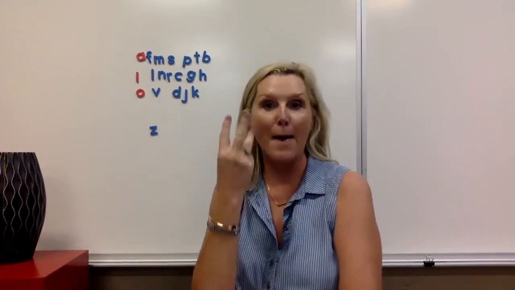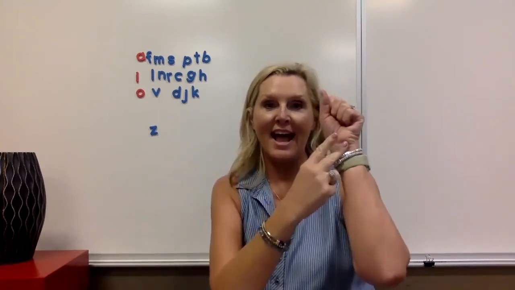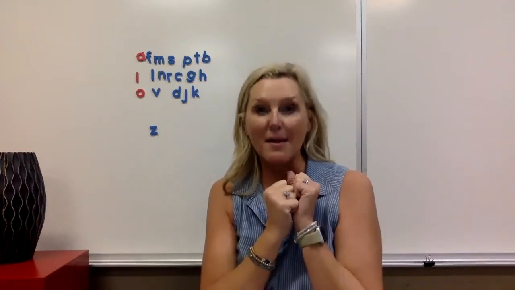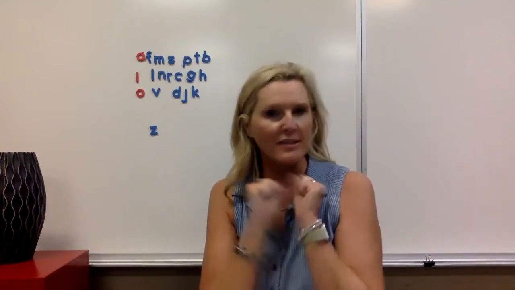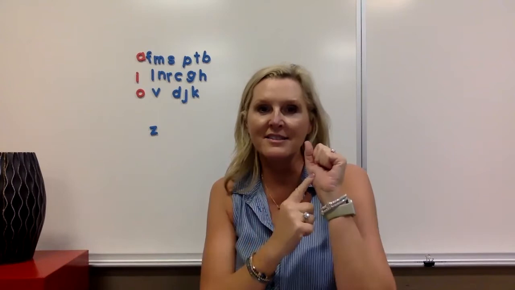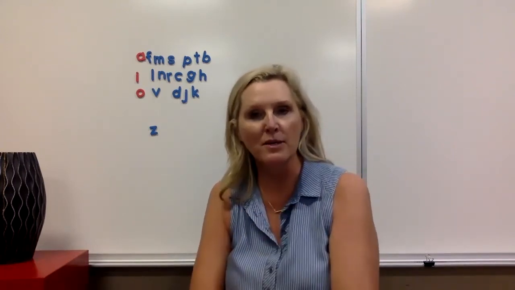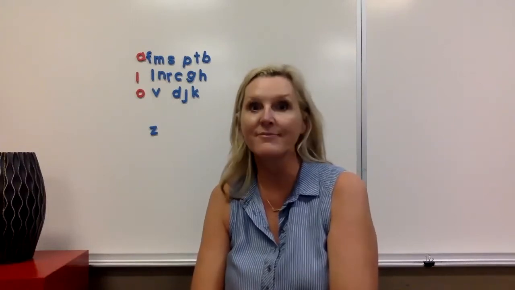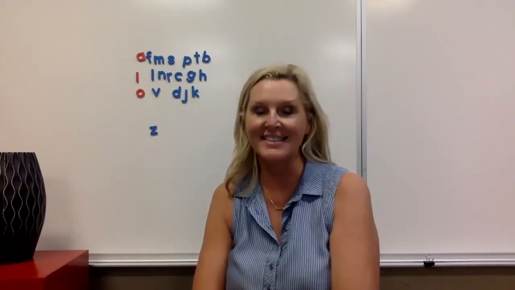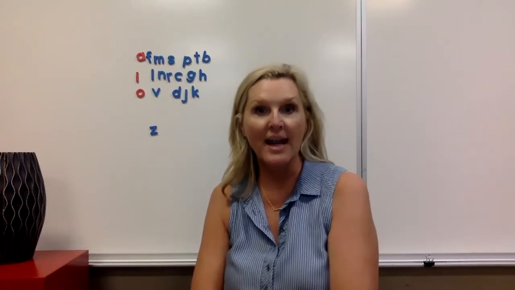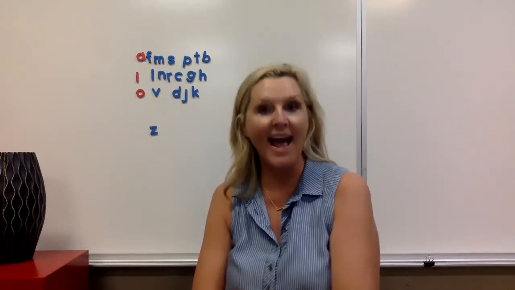Z, ap. Let's think about that middle sound, that second sound, and let's really stretch that out. Z, ap. What sound did you hear in the middle? Yes, that was the ah sound. So now I have to find the letter that makes the ah sound.